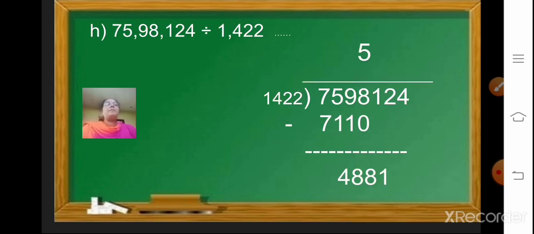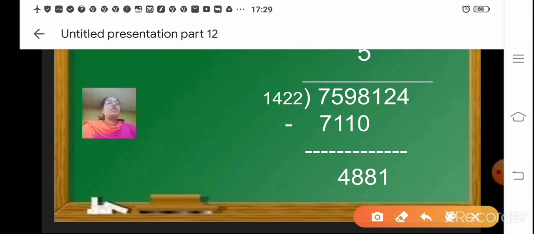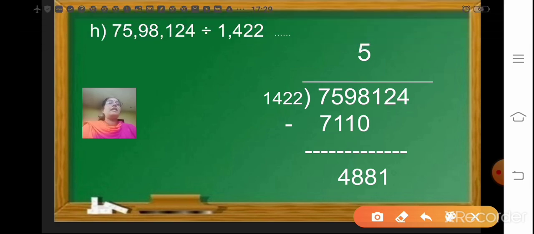Coming to the next sum, now here 75,98,124 is to be divided by 1,422. Now here the divisor is a 4-digit number. Okay, now here also by guessing you will divide the number. Now what we'll do is we'll take the first 4 digits, that is 7,598 to be divided by 1,422.